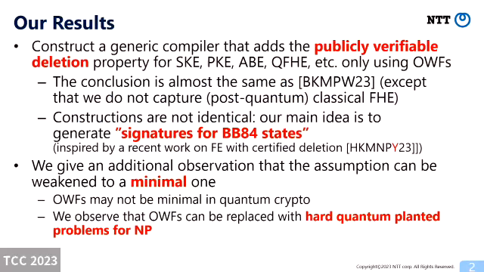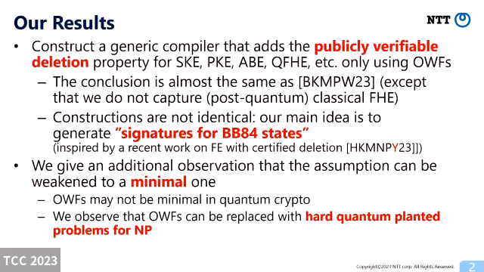So this is our result. We construct a generic compiler that has the publicly verifiable deletion property for various kinds of encryption schemes, only using one-way functions. And as Jerry mentioned, this conclusion is almost the same as their work, the previous talk, except for some minor differences. But I would like to mention that the constructions are not identical, and the idea is quite different.